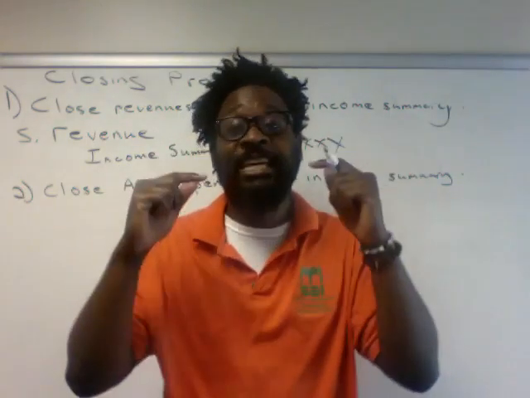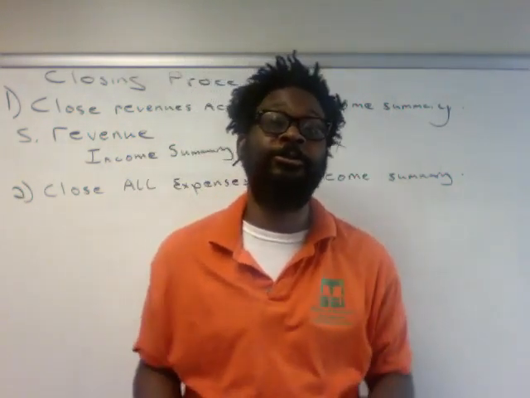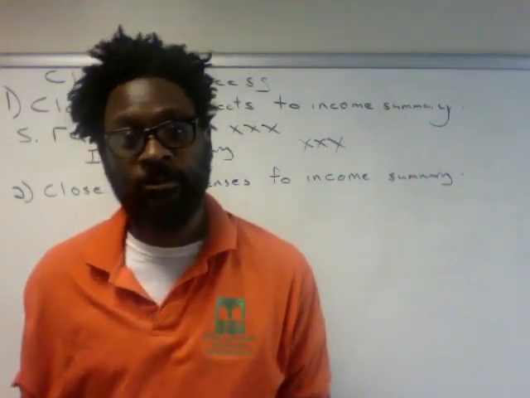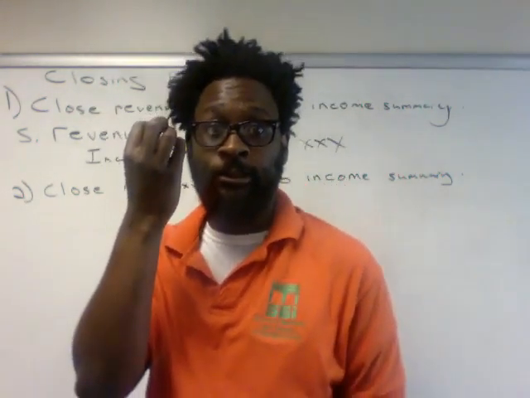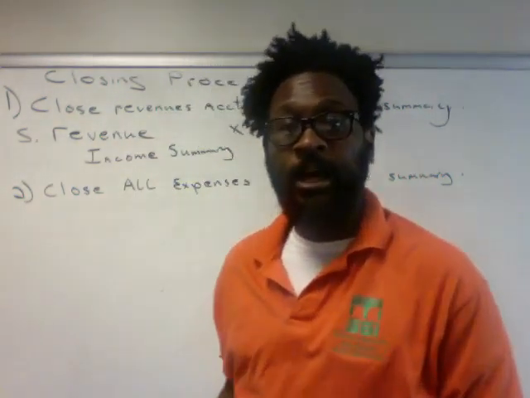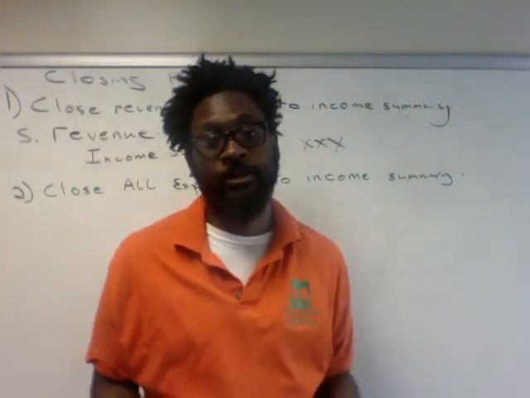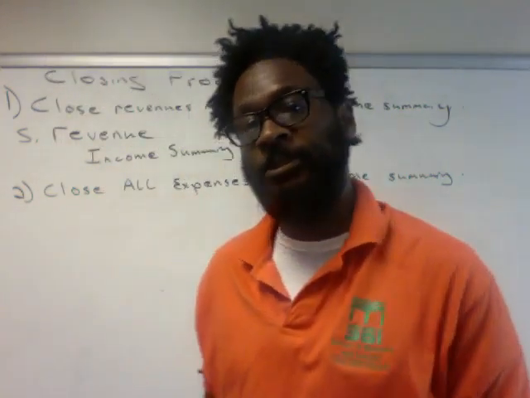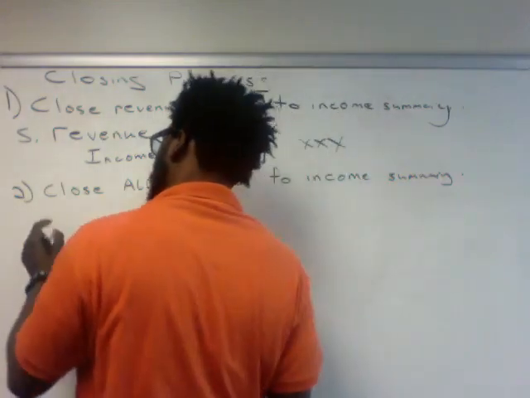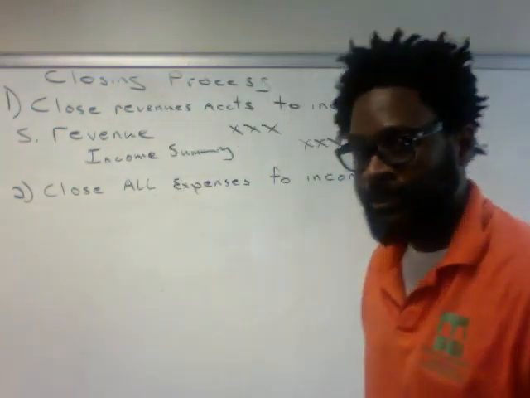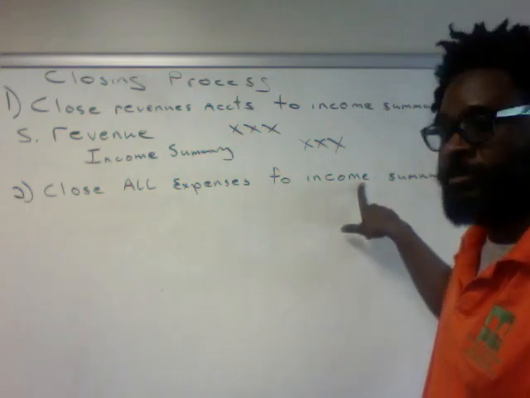Each one of those expense accounts needs to be closed out individually to have a zero balance. How do you increase expenses? Through a debit. So to close them out, you have to do the opposite, which is a what? Credit.